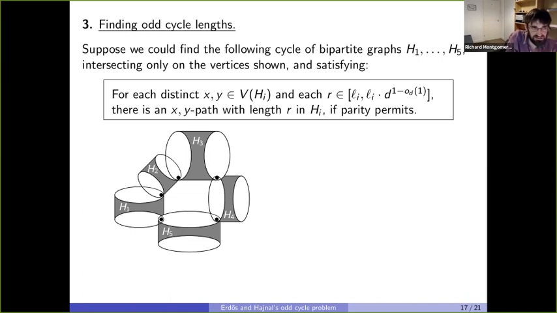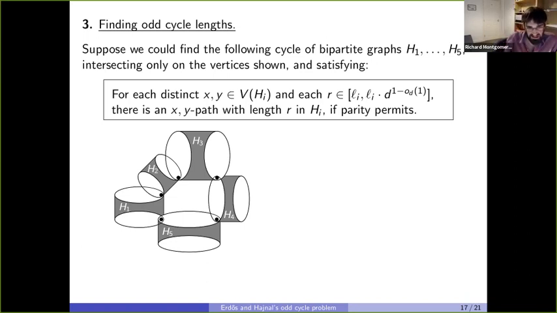We're thinking of it as that. So suppose we could find the following 5 bipartite graphs, H1 up to H5, which only intersect on the vertices I've drawn as black circles, and are otherwise vertex disjoint, and such that they satisfy this box property, each with its own parameter L of I.